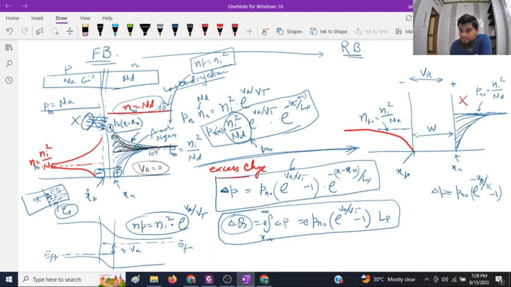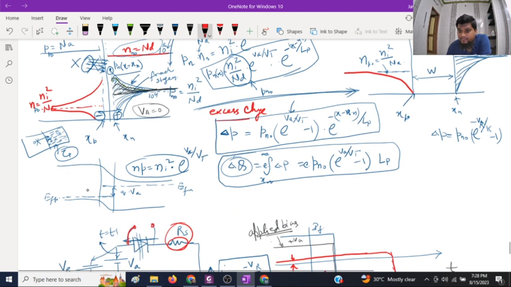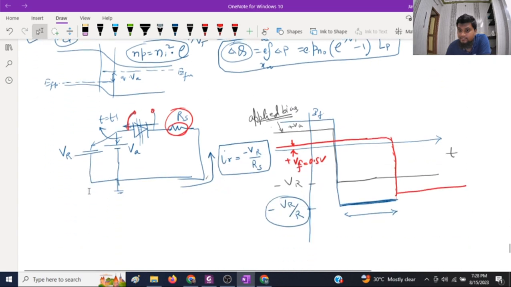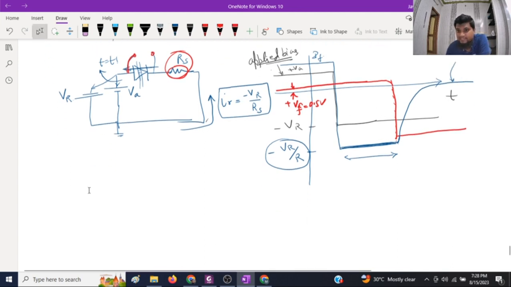during this time, the current will not be constant now. Now it will actually try to regain its reverse saturation current. Okay, and that is why this is the IV characteristic during the transition time.